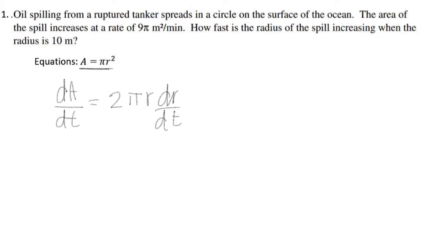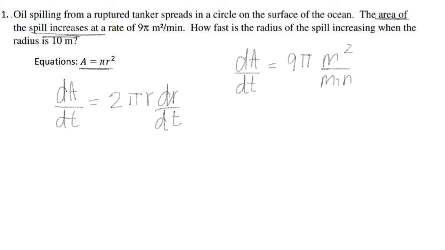And now let's see what information we were given. The area of the spill increases at a rate, so the area of the spill increases, so that's dA dt. So I know dA dt is going to be 9 pi, and we have meters squared per minute.